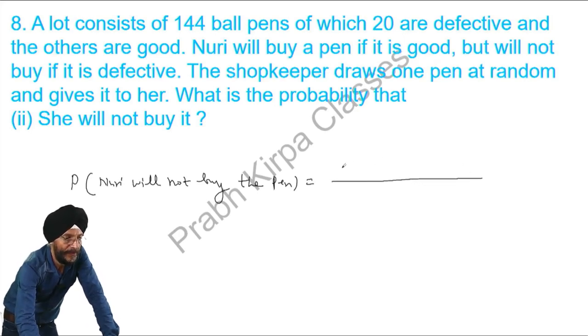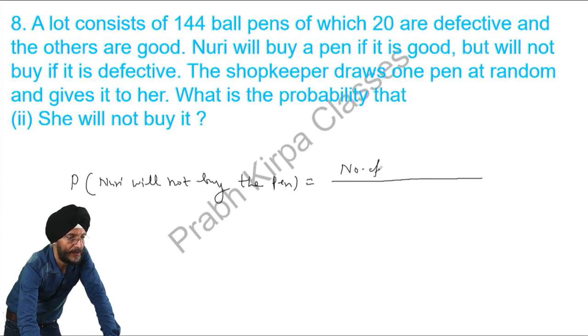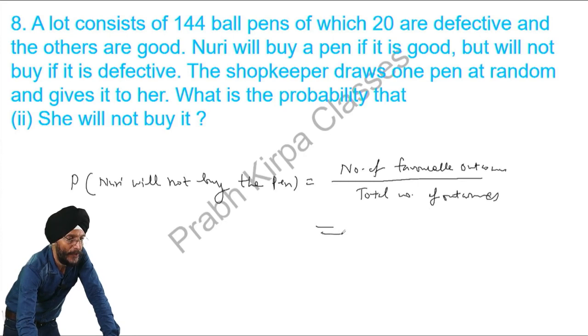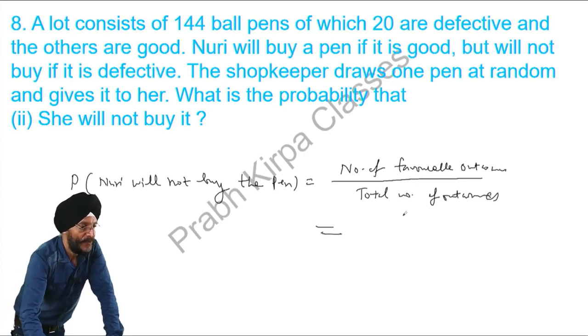The number of favorable outcomes is to be divided by the total number of outcomes. This is the formula to calculate the probability in any question.